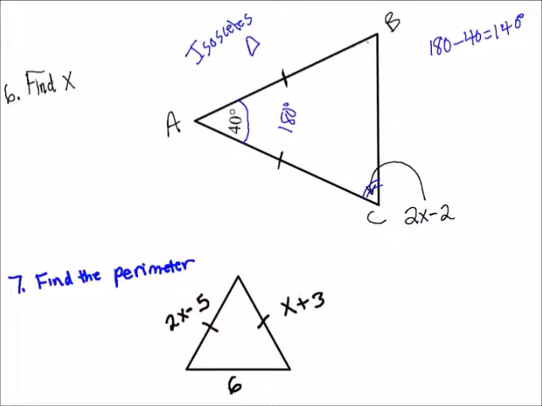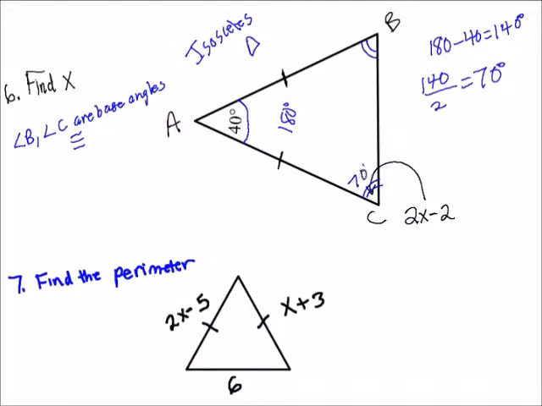Angle B and angle C are base angles, and base angles have to be congruent. So 140 divided by 2 is equal to 70 degrees. So this has to be 70 degrees, and this has to be 70 degrees.